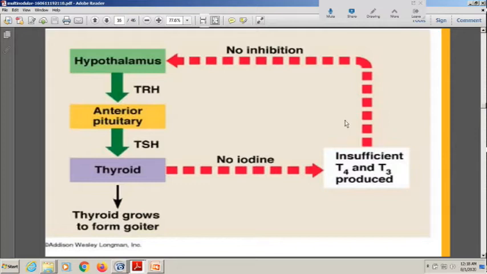So the hypothalamus again tells the anterior pituitary, and the anterior pituitary again tells the thyroid to produce more and more thyroid hormone. Very obviously, if the thyroid is trying to produce more and more hormone, all the cells will grow, which is called hyperplasia and hypertrophy. So ultimately, because of this compensatory mechanism, the thyroid grows to form a goiter. This is true for multinodular goiter, simple goiter, or diffuse hyperplastic goiter.